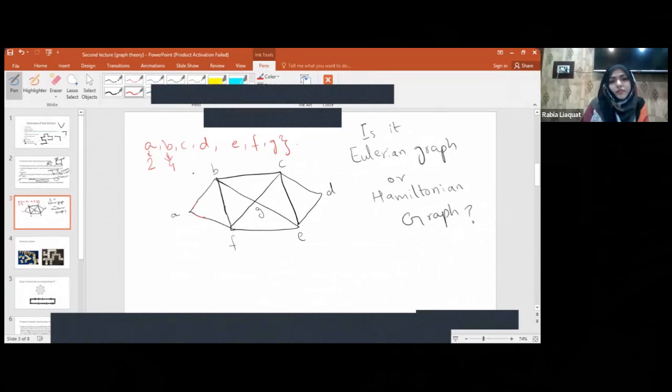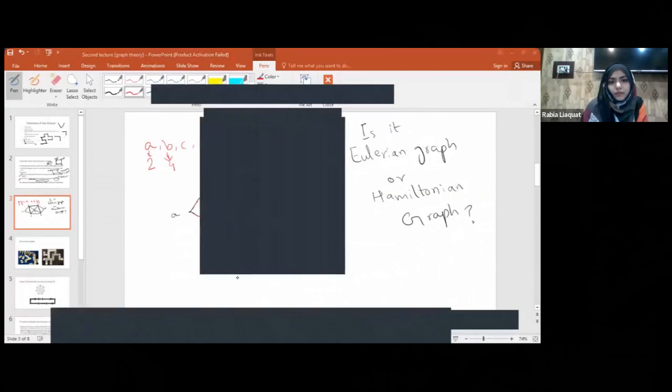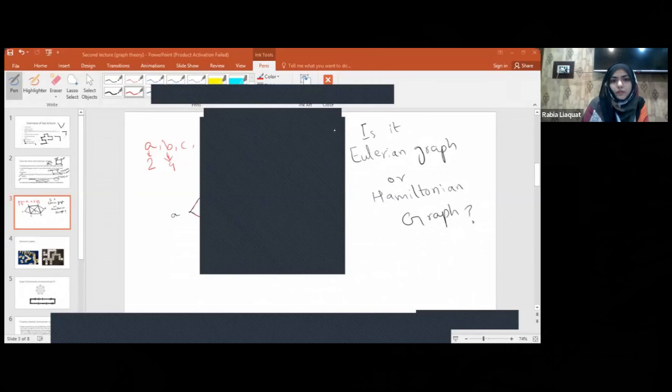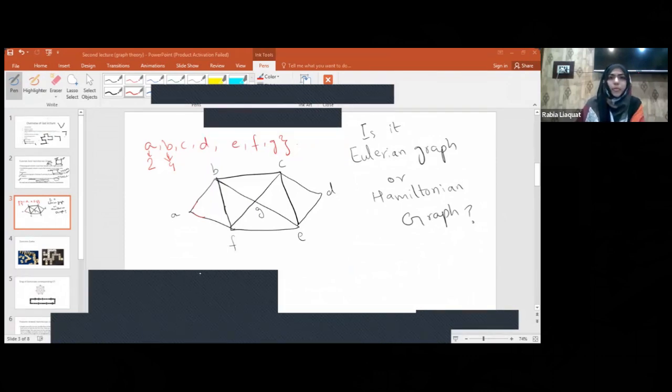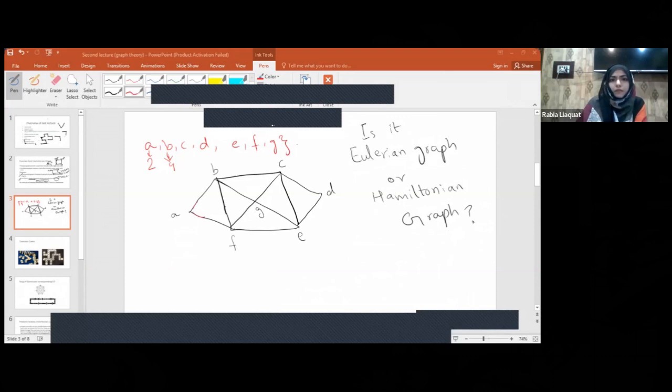How many is the degree of C? Anyone can tell? Yes, 4.